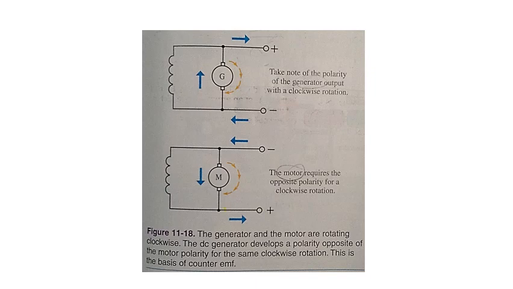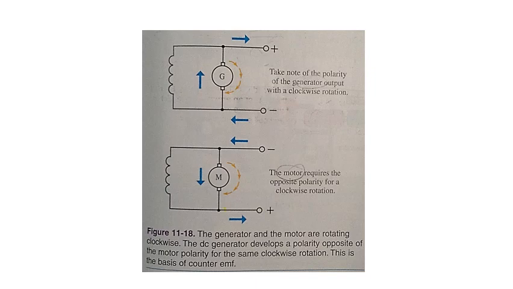Counter electromotive force. In Chapter 10, you learned that when a conductor cuts through a magnetic field, voltage is induced in the moving conductor. While a motor is meant to convert electrical energy into mechanical energy, when the armature begins to rotate, the motor also becomes a generator. The generated electrical force that opposes the applied EMF is called counter electromotive force.